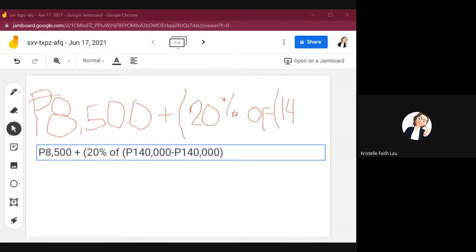aspect? First is through the collecting of taxes at source, which is better known as withholding tax.